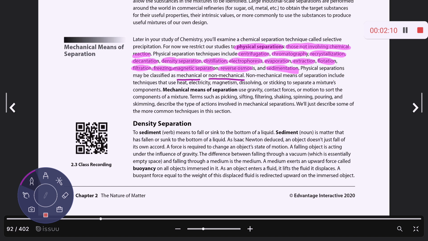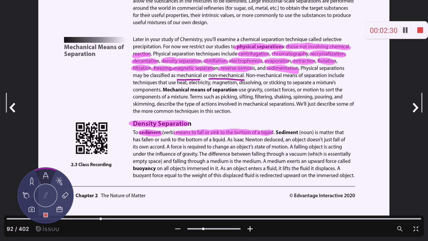And let's start by talking about density separations first. Density separations will have mixtures that are made of things with different densities. So that means when something falls or sinks to the bottom, that would be the sediment.